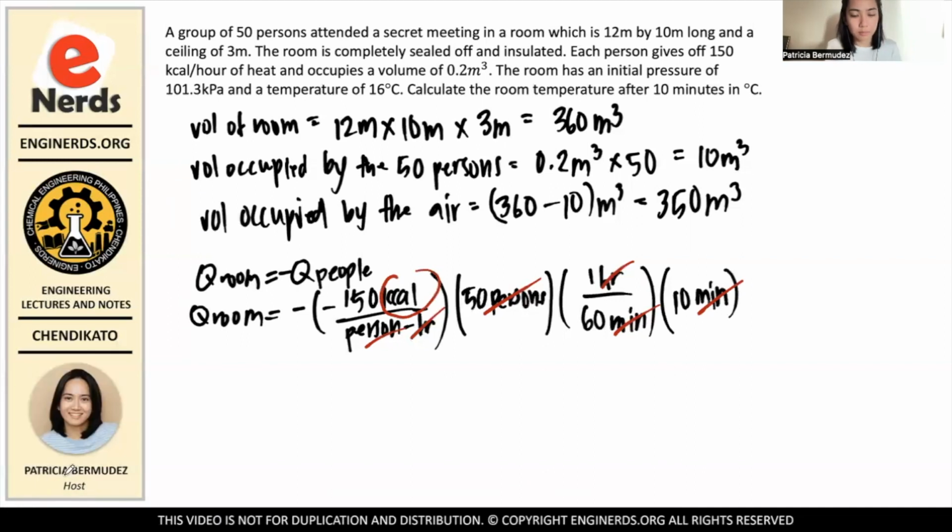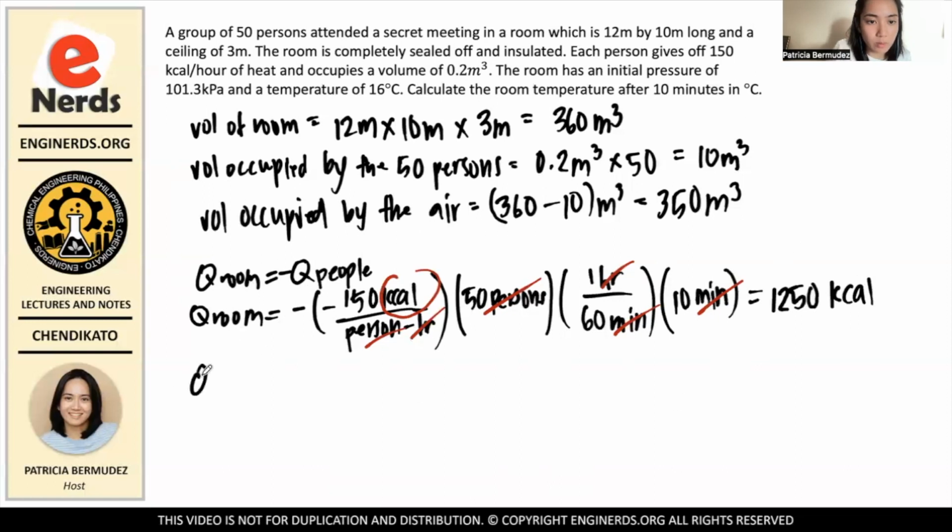Okay, so let's calculate. The two negative signs will cancel off each other. So 150 times 50 divided by 60 times 10 is 1,250 kilocalories. That is the heat that circulates within the room.